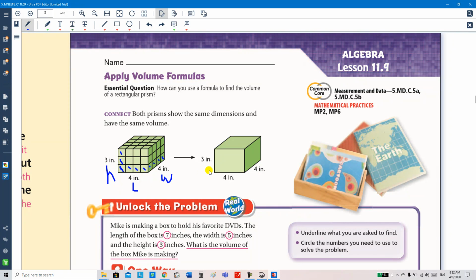Okay, we can convert it into measures. As we said in the previous lesson, we can use cubic units to get the volume. Here we are going to use measures. So we have 4 inches and 4 inches and 3 inches.